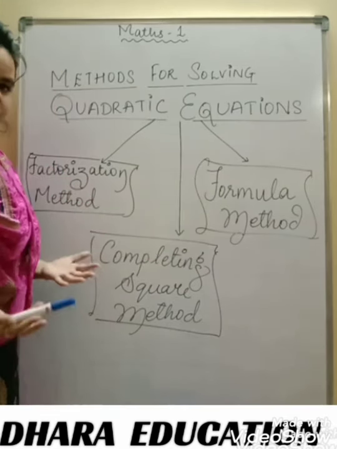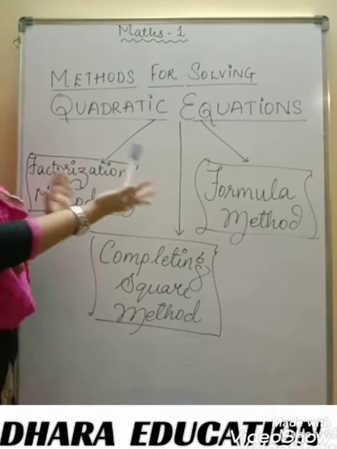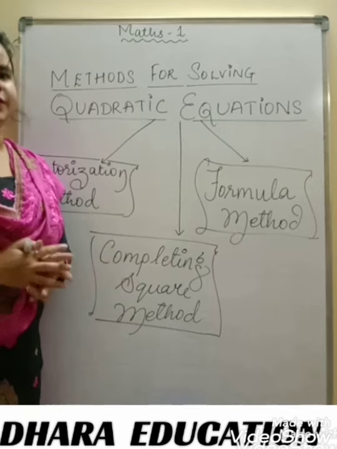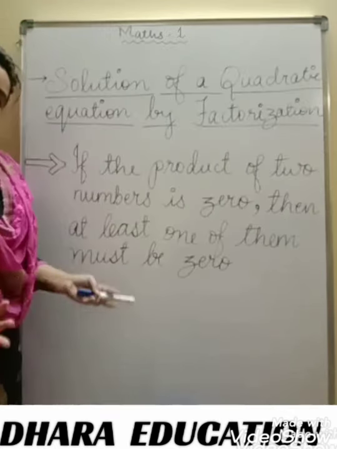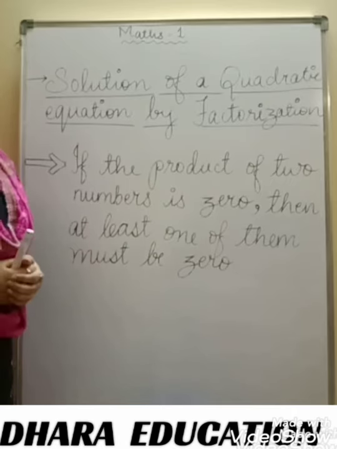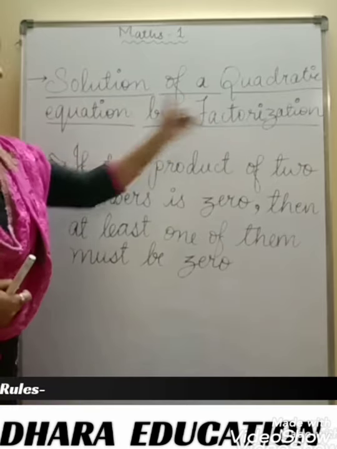Fine. So we will start with what these three methods are and how we can solve equations with them. Now students, we will start with the factorization method first. Solution of quadratic equations by factorization.